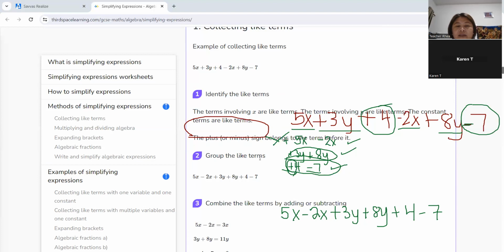So you already grouped the like terms. This is the second step. Next, you combine the like terms by adding or subtracting.